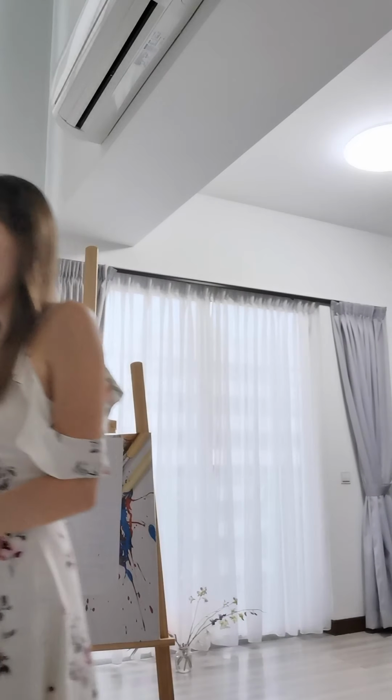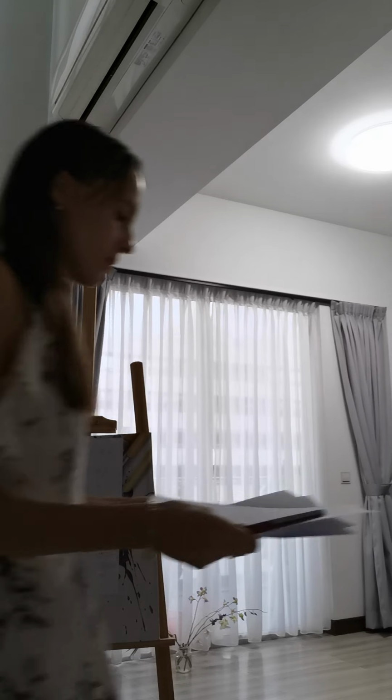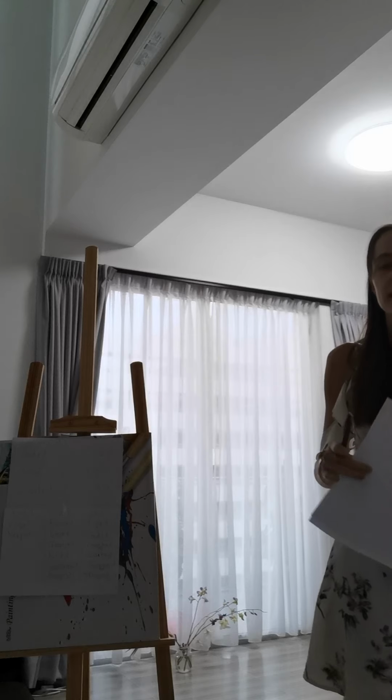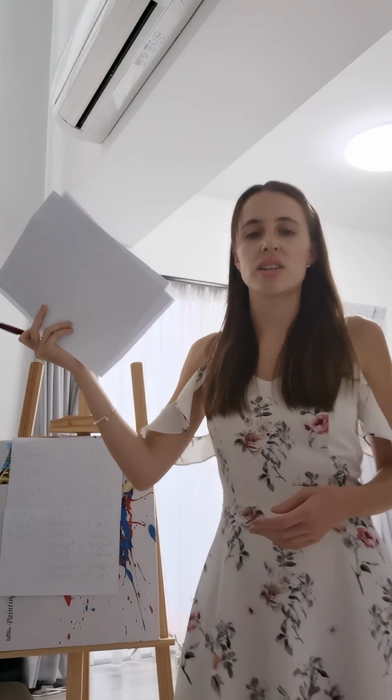So I would like you to work together with a partner sitting next to you. Yeah, does everyone have a partner? Wonderful. I'm going to give you the following flashcards, okay? Okay, has everyone received the flashcard? Wonderful.